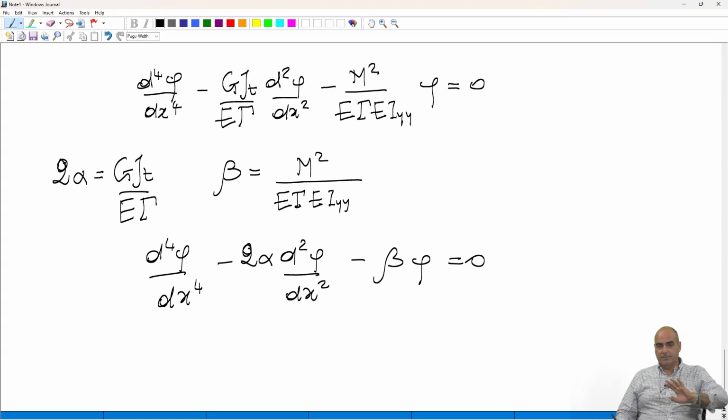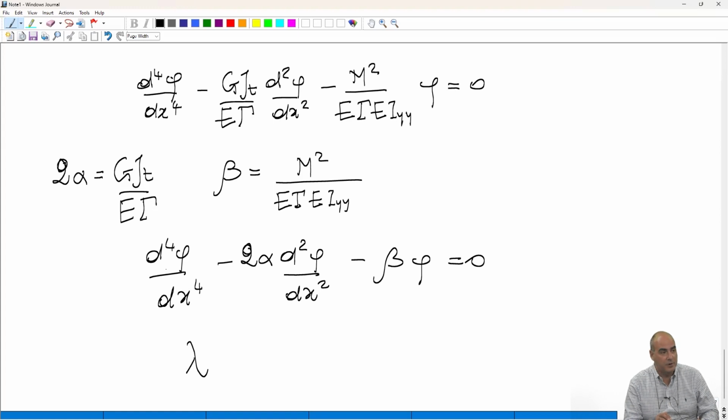Now, probably you know from your differential calculus or partial differential equations, how do we solve this equation? We associate to this equation an algebraic one in which we put a parameter lambda, which is a number, and we raise it to the same power as the order of the derivative of the unknown function.